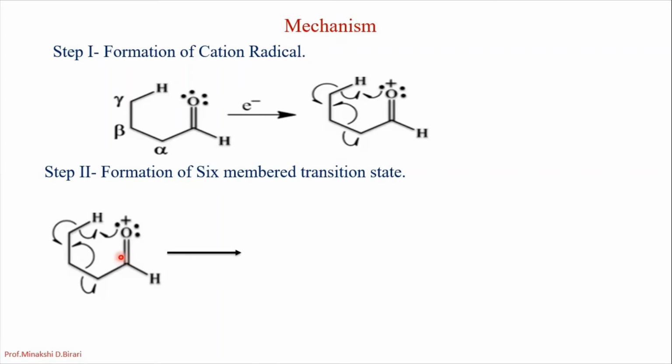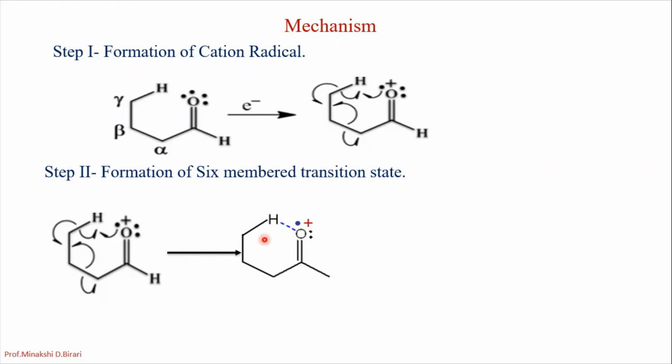So the second important step involved in the McLafferty rearrangement is the formation of a six-membered transition state. As we know, the radical cation is formed, then there is a migration of a gamma hydrogen towards the heteroatom, and there is a formation of a new bond. Also, there is a breaking of another bond.